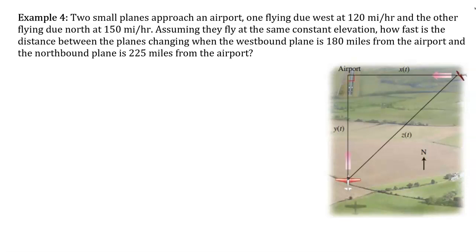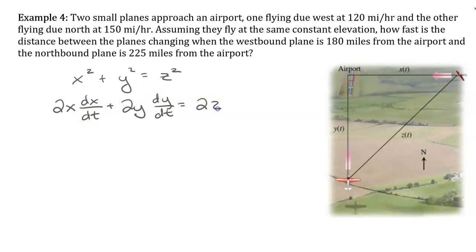In our case, that would be x squared plus y squared equals z squared, or x of t squared, y of t squared, etc. So now we would take the derivative with respect to t everywhere. Easy enough. So 2x dx/dt plus 2y dy/dt equals 2z dz/dt. Okay.